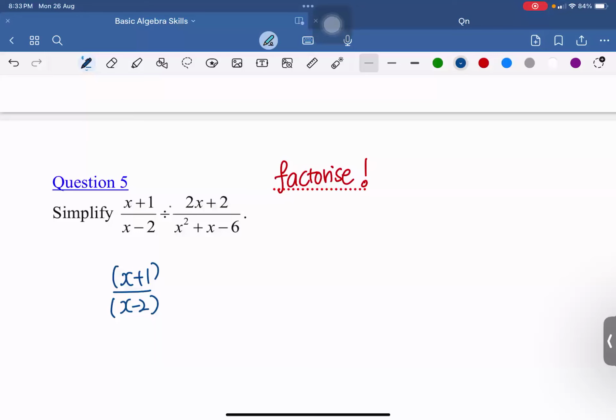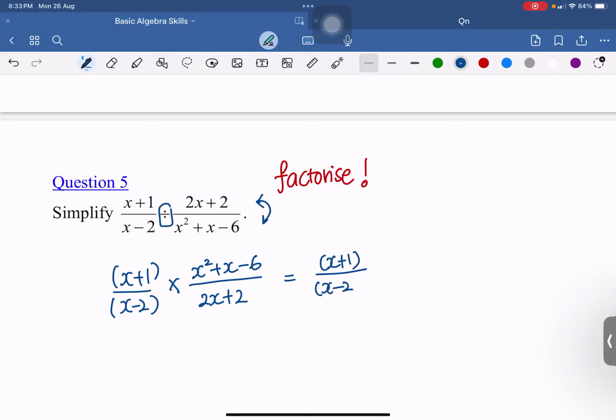Next thing, division change to times. Then what happened to my fraction? Flip. So x squared plus x minus 6 over x plus 2. First step. Second step, check which other portion can I factorize. Which one is easy to factorize first?